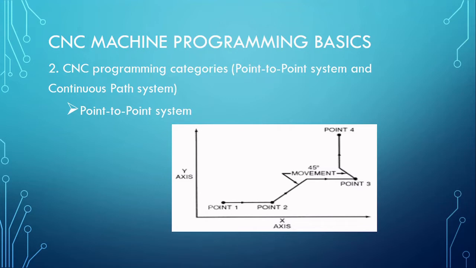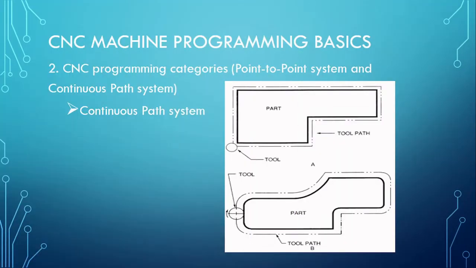So the tool is not in constant contact with the workpiece as it moves from one coordinate to the other. That is the point to point. Point to point will apply to machine tools other than the lathe, because for the lathe, the tool has to always be in constant contact with the workpiece as it travels from one coordinate to the other.